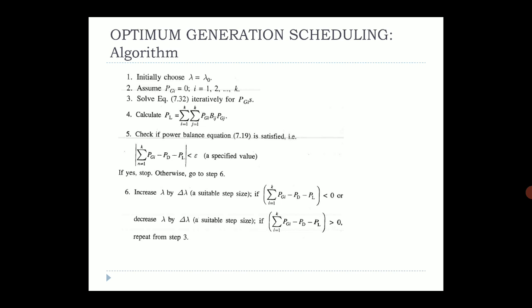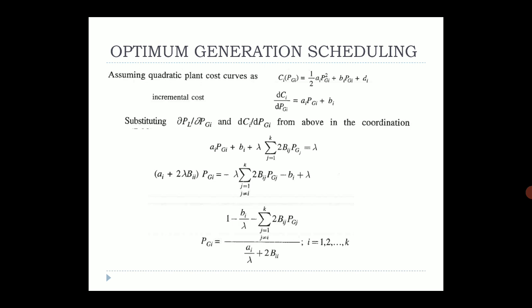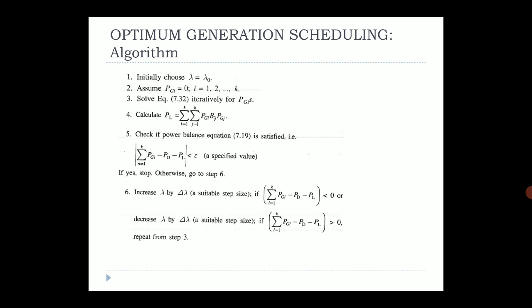Now this is the algorithm for optimum generation scheduling. We start by choosing lambda, then we assume certain values of P. Then we solve iteratively for different values of P by this method. Now we calculate the total loss.